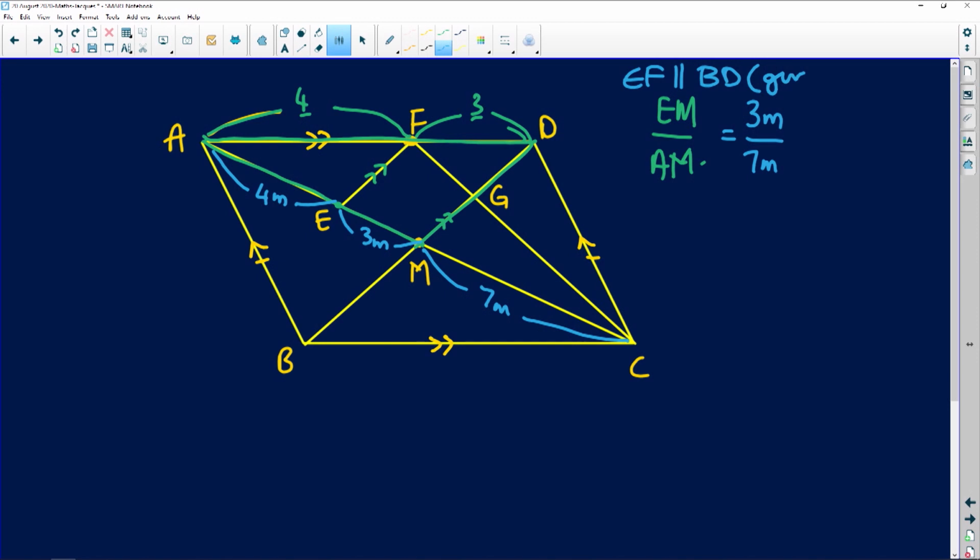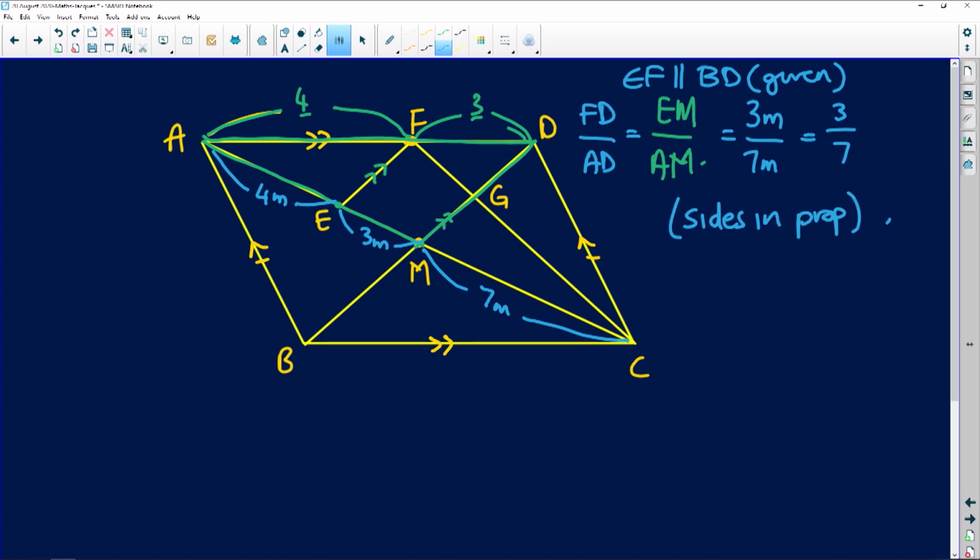That was given to us. And from that, this proportion comes: EM corresponds to FD, and AM over here corresponds to AD. And they happen to be 3 over 7. Why? Because the sides are in proportion.